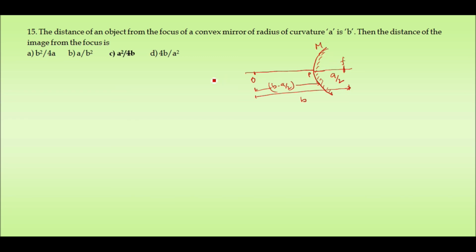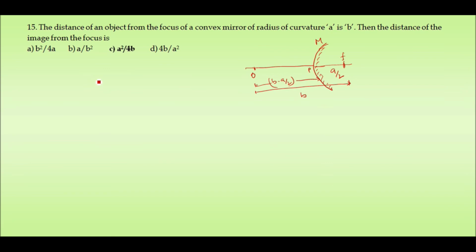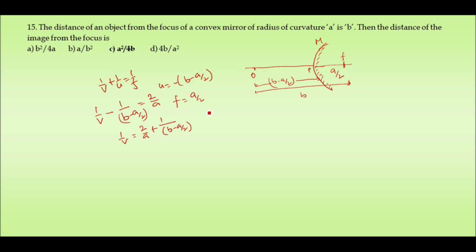So we will calculate the value of image distance, by using the formula 1 by v plus 1 by u is equal to 1 by f, with u equal to minus (b minus a by 2), f equal to a by 2. So 1 by v minus 1 by (b minus a by 2) is equal to 2 by a. So from there we get 1 by v is equal to 2 by a plus 1 by (b minus a by 2). It is 2 by a plus 2 by (2b minus a).